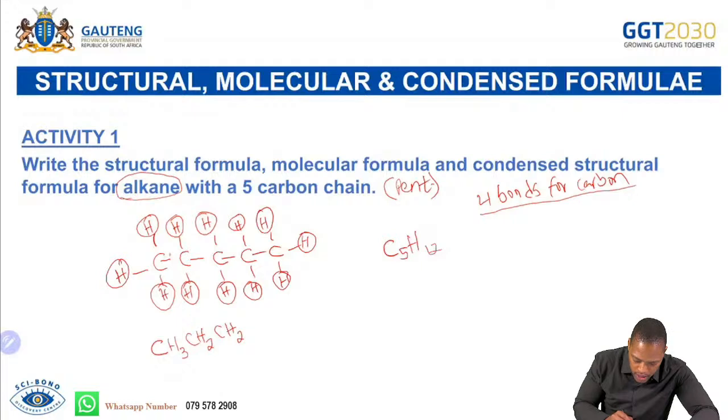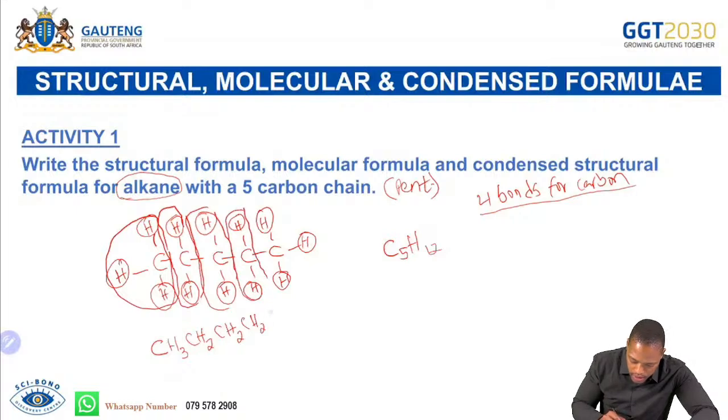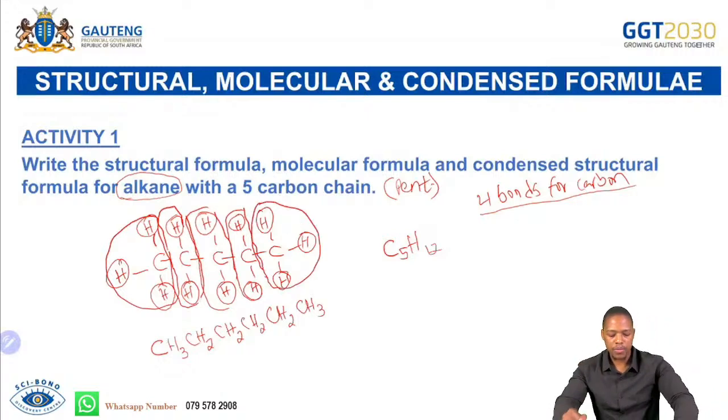The first one here was CH3, the second one CH2, the third one must also be CH2, the fourth one must also be CH2, and the last one is going to be CH3. This becomes a condensed structural formula.